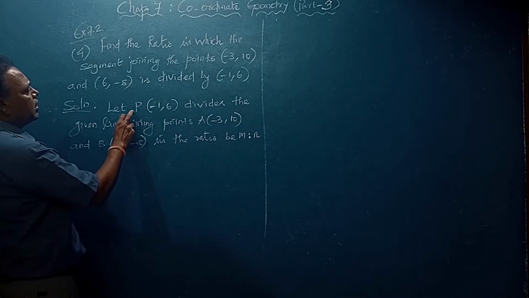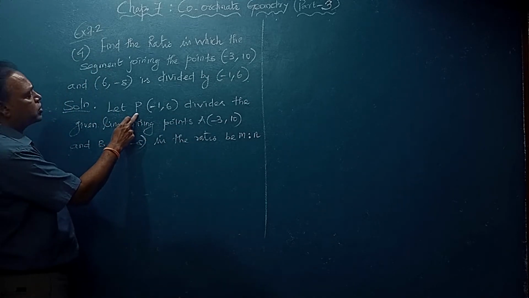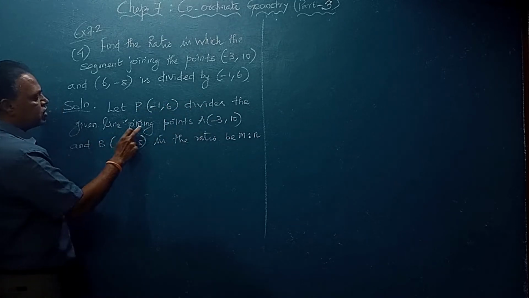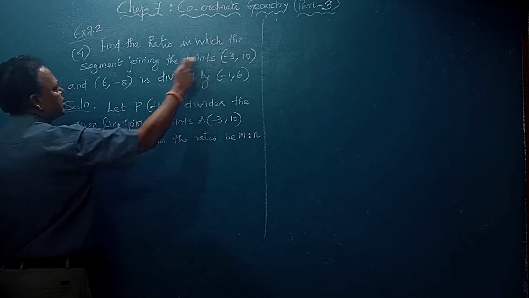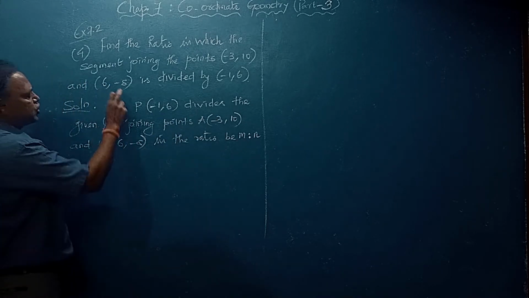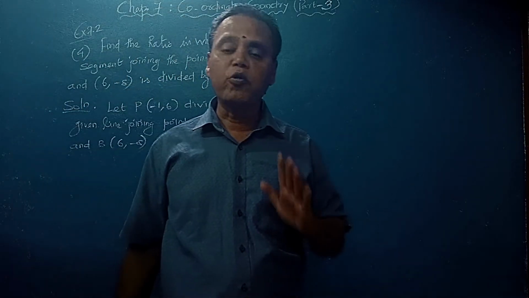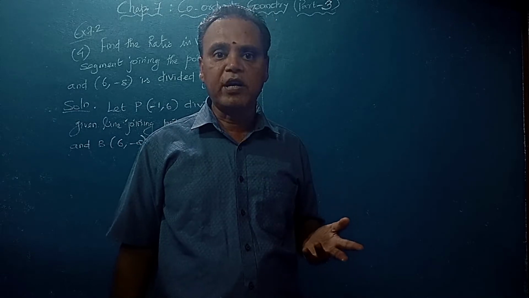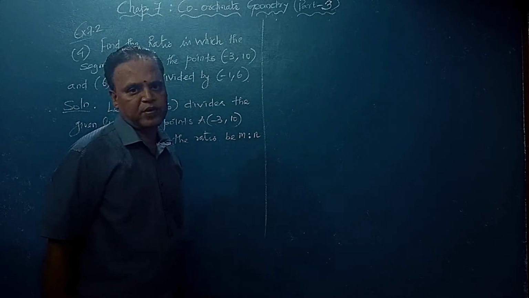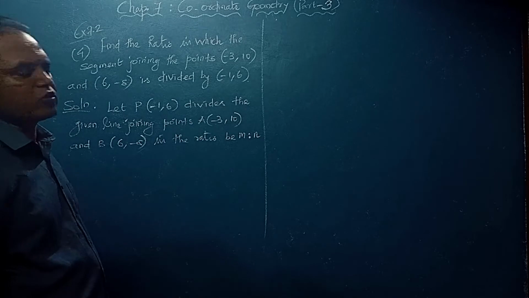You take the dividing point minus 1, comma, 6 as P, which divides the line joining the given points A minus 3, comma, 10 and B 6, comma, minus 8 in the ratio m is to n. You can take the ratio either m is to n or 1 is to k, but better you take m is to n. For my convenience I have taken m is to n.